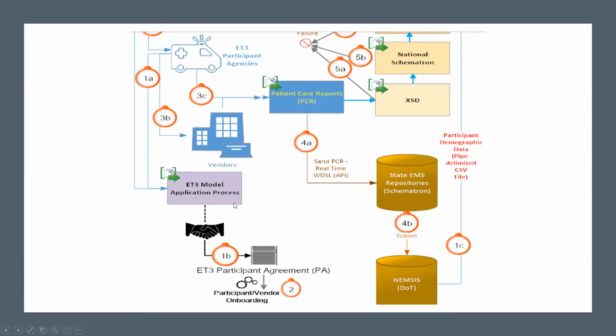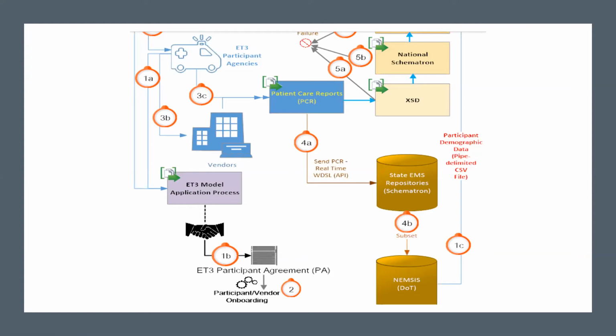So getting back to the flow, that's all application data. I do want to point out that the data ends up in a repository within CMS. And likewise, we have some other data. If you look over here to the right side, 1C, that the NEMSIS folks are providing us.